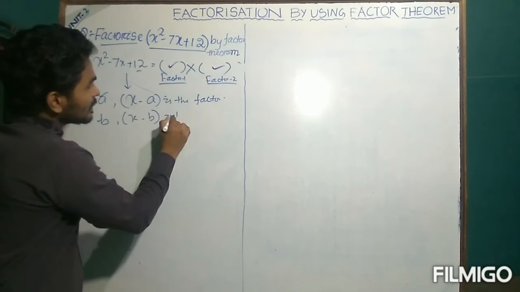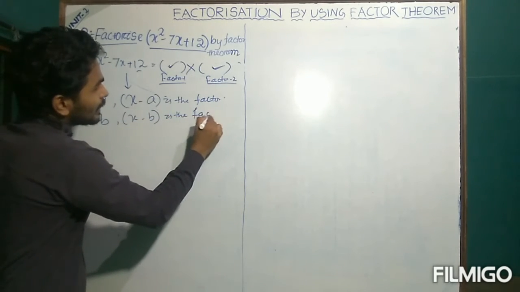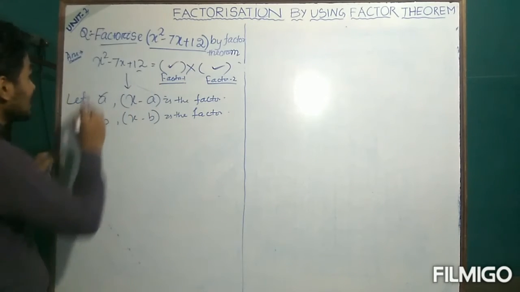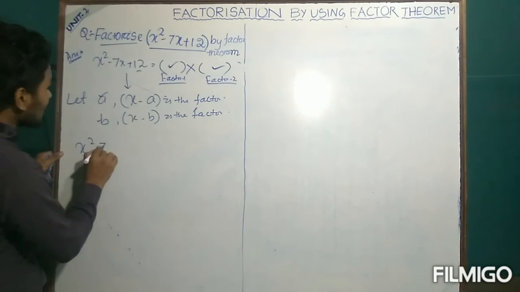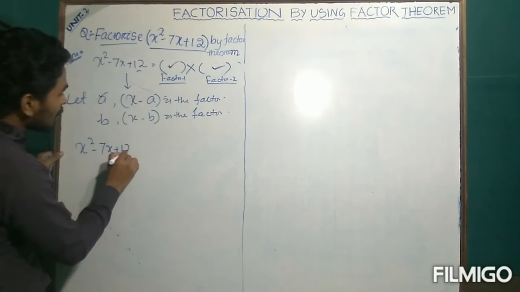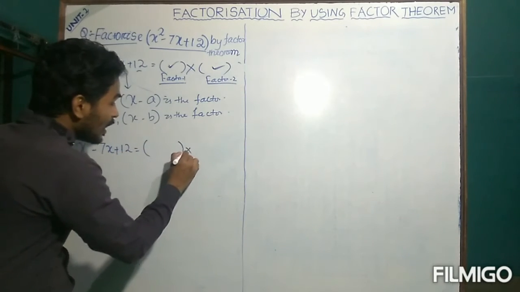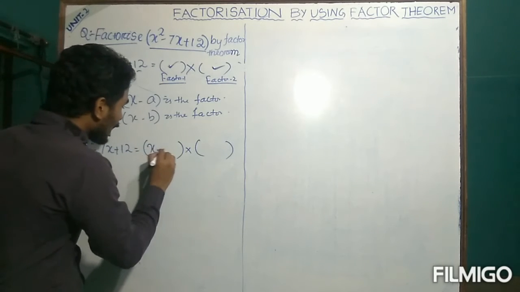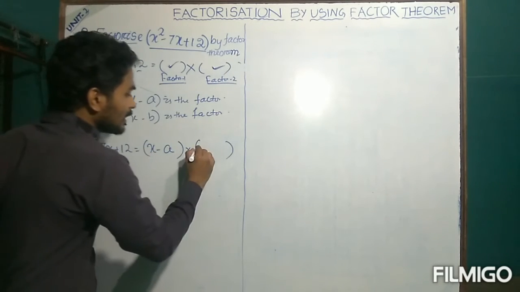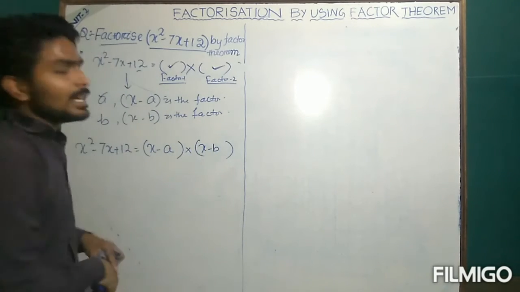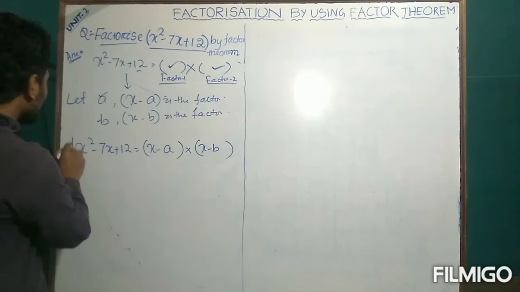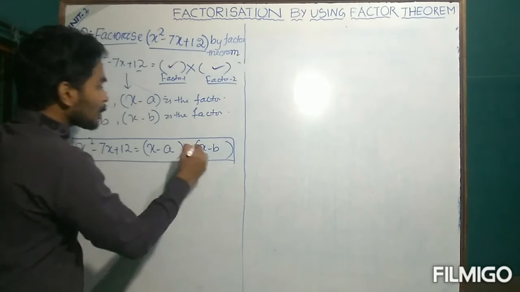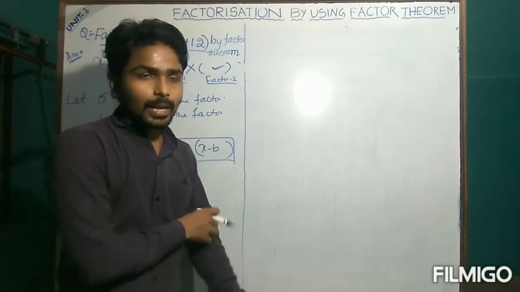Hence, we get that this quadratic polynomial x square minus 7x plus 12 can be expressed as the product of two factors. One is x minus a and the other is x minus b.